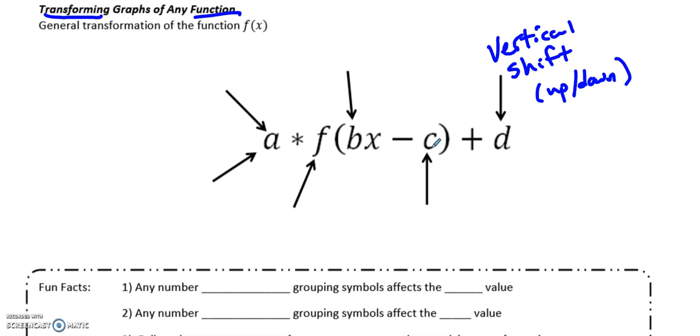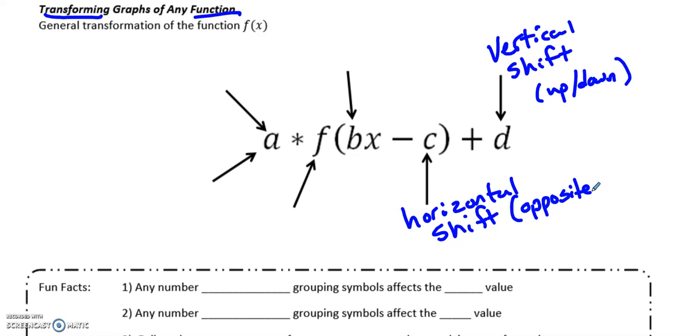On the inside, this C value here, anything inside in terms of plus or minus is going to move me left or right, so we're going to call that a horizontal shift. And the thing to remember about horizontal shifts is we always take the opposite of the number inside. So if it's a -2, then it's going to be right 2. We're taking the opposite for the horizontal shifts.